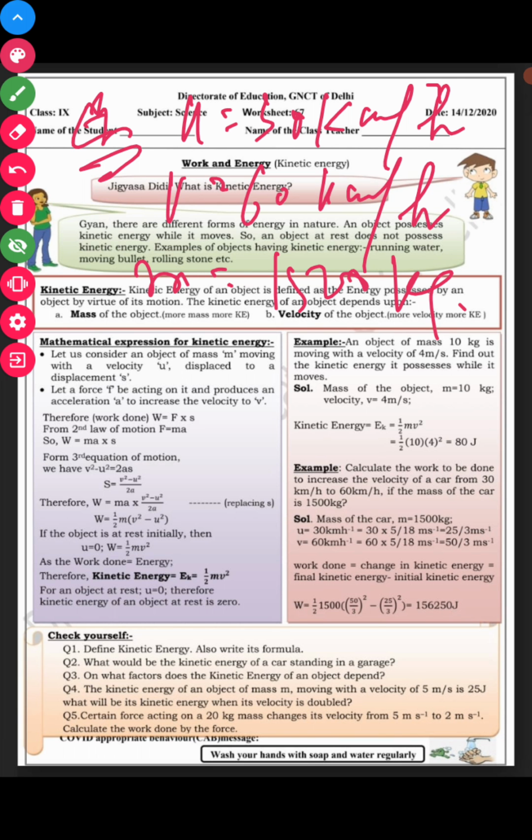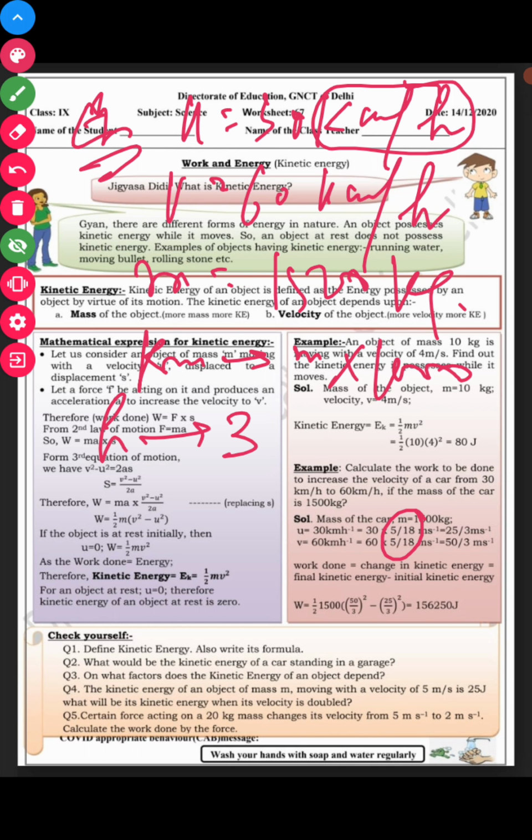First of all, we have to convert this kilometer per hour to meter per second. For that, they have directly given you to multiply with 5 upon 18. How does this 5 by 18 come? We have to convert kilometer to meter, for that we multiply with 1000, and for hour to second, we multiply with 3600.